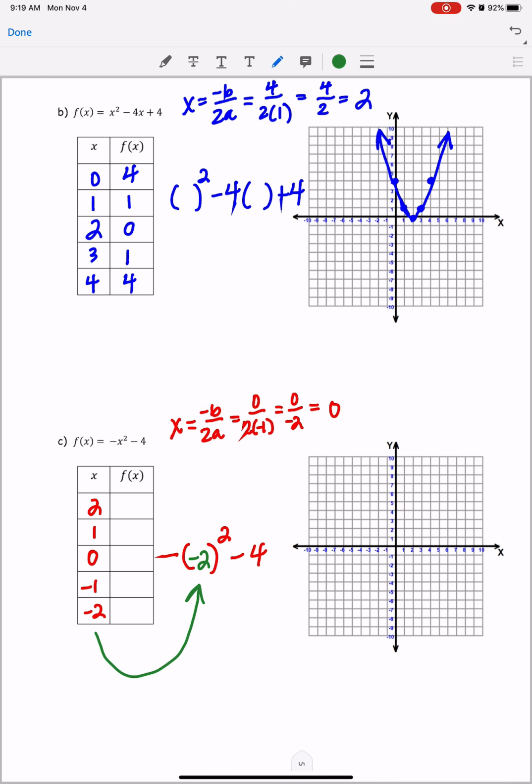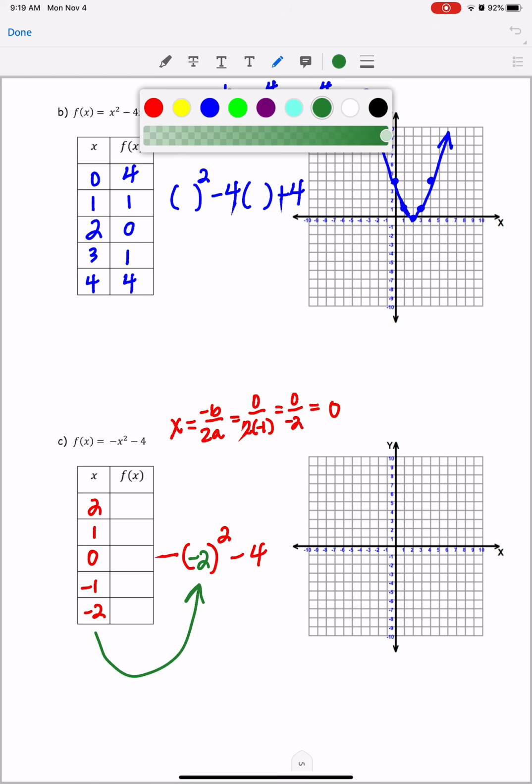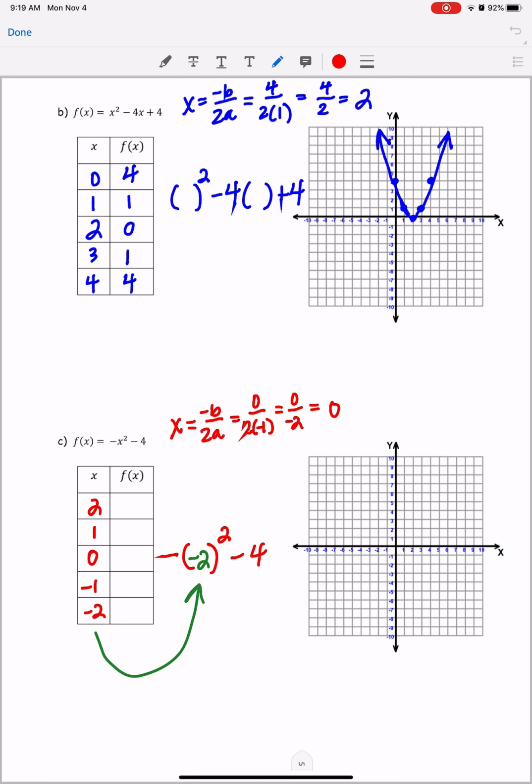When you do that, your 2 and negative 2 will be negative 8. 1 and negative 1 is going to be negative 5. And 0 will be negative 4. So let's plot.